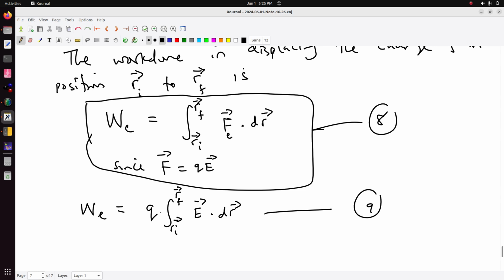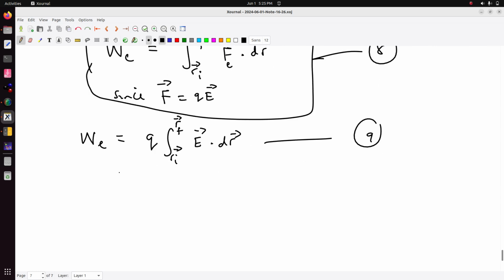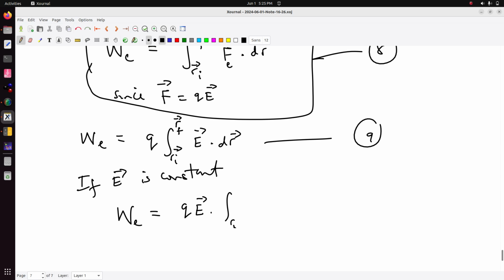Now, if the electric field is constant, then we can also take it outside, so we have QE dot the integral from Ri to Rf of dr, or we can write it as QE dot delta R, where delta R is this integral.